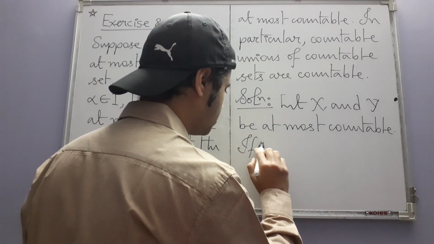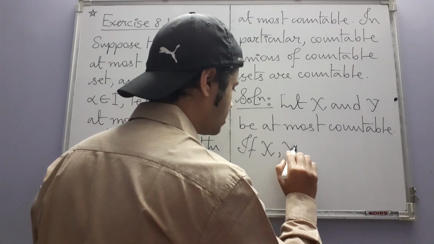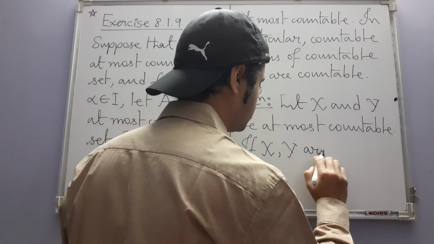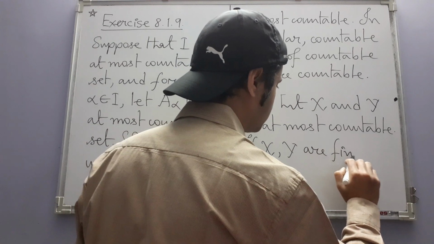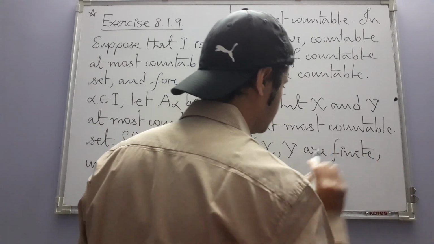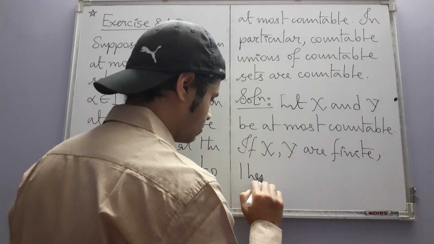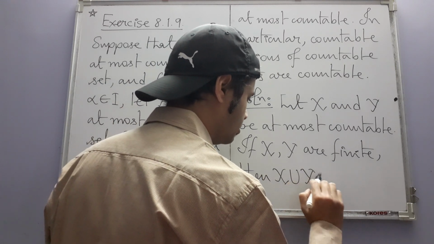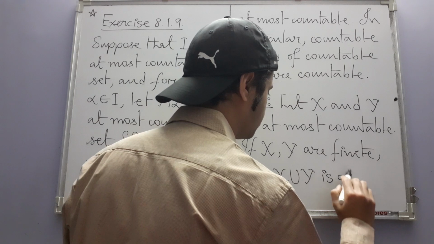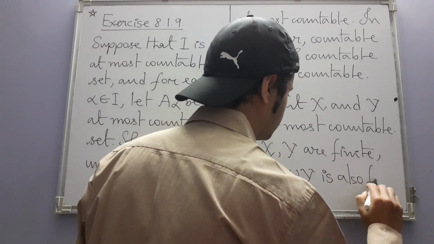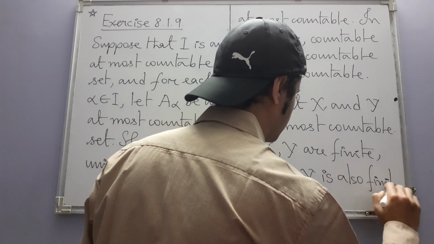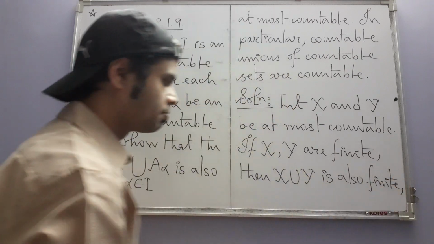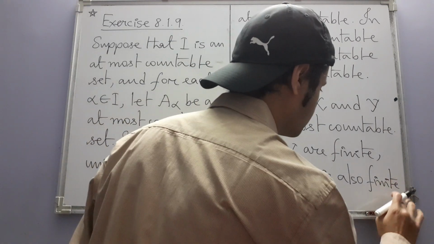If x and y are finite, then their union is also finite, and it's just a property of finite sets.